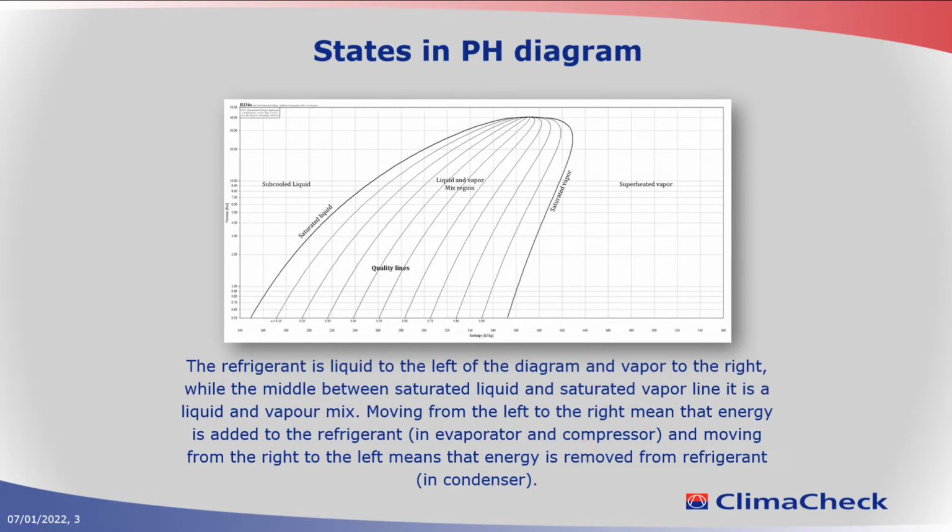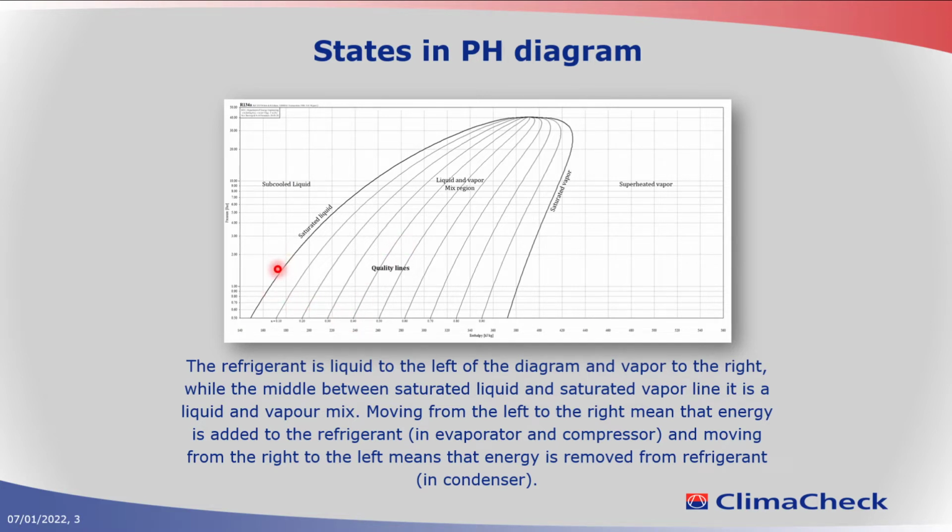The refrigerant will be in superheated vapor from this line and to the right. In between here, within this region, it's called the mixed region. And in here you have a mix between liquid and vapor.